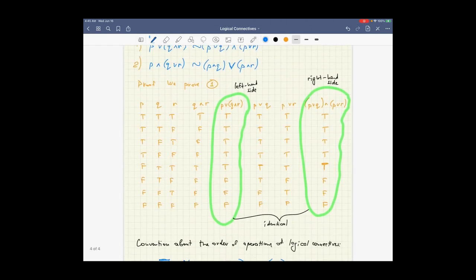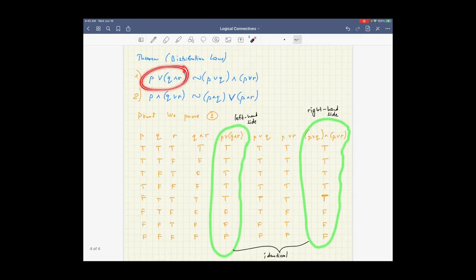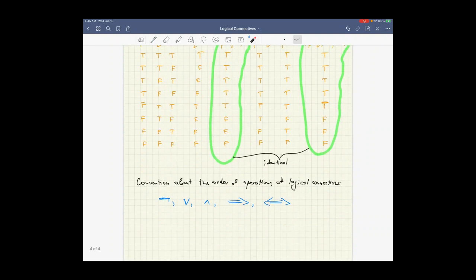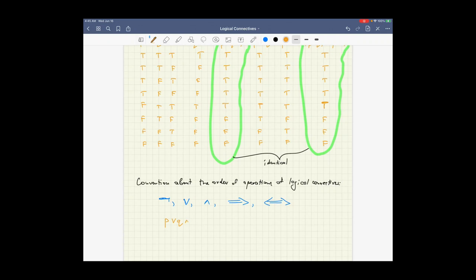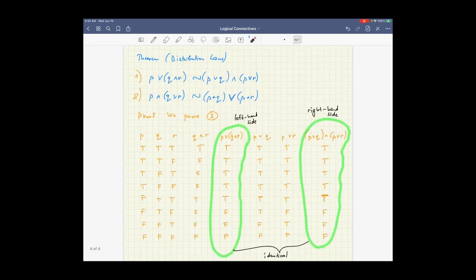Right, so parentheses were absolutely important here because, as you see, without parentheses, if we had the statement P or Q and R, without parentheses, that actually means P or Q in parentheses and then and R, which is not what we had in that theorem.